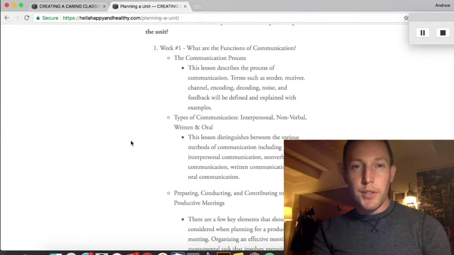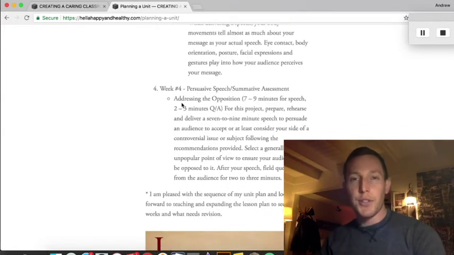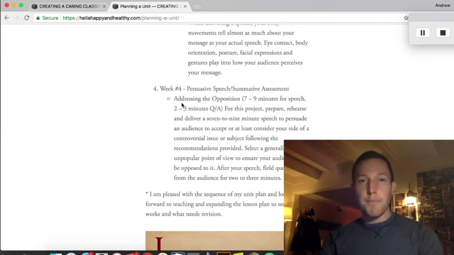I created a 4-week unit plan, and I feel like the scaffolding of my unit plan is very chronological, and it has a point to it as well.